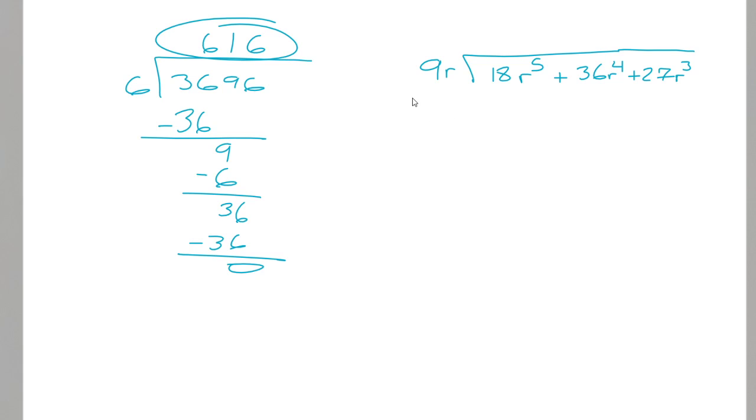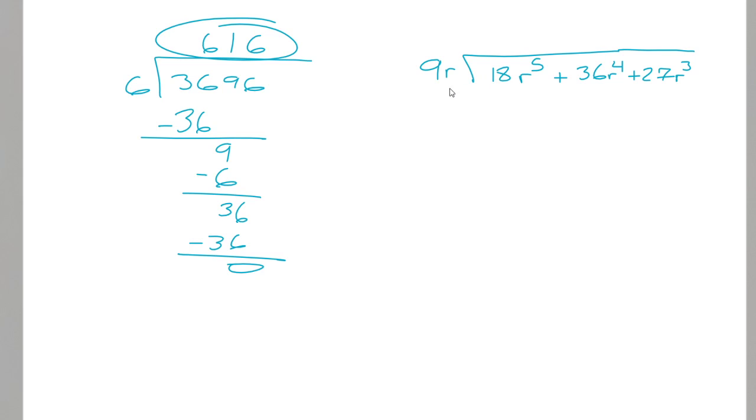So looking at our divisor, we want to see how many times can 9r go into 18r to the 5th. Now, looking at your coefficients, so 9 and 18, what do I have to multiply 9 by to get to 18?